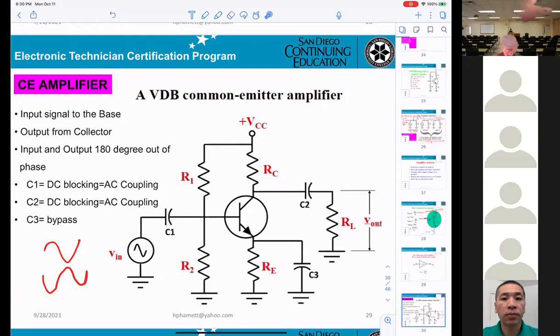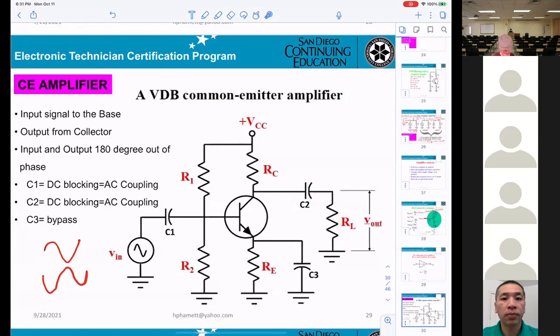At the output here, C2. At the collector point here, you get two voltages. One will be the DC voltage, and the other will be the sine wave AC voltage. They go to the load here, that means the speaker right here. You don't want any DC going to your speaker. So that's why they need capacitor C2.